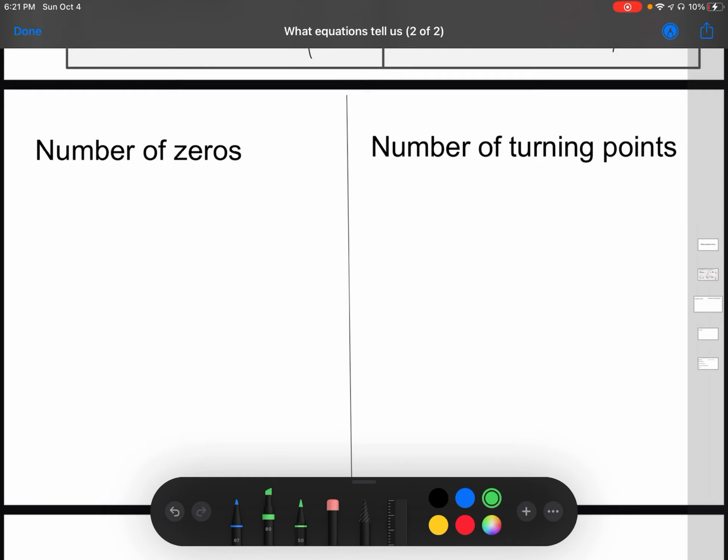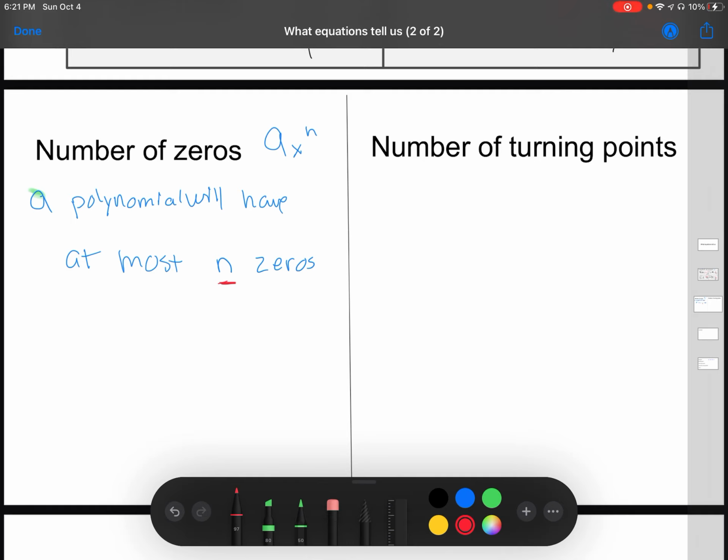A polynomial will have at most n zeros. So going back to that a x to the n, with n being the exponent, whatever the exponent is is the most amount of zeros a polynomial can have.